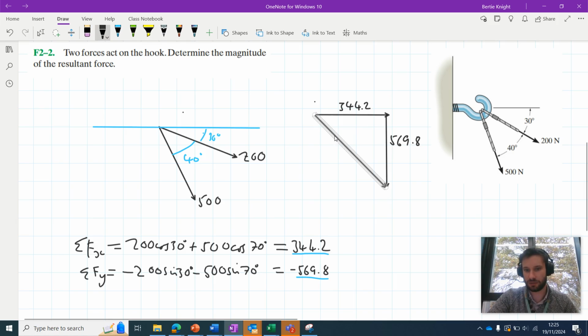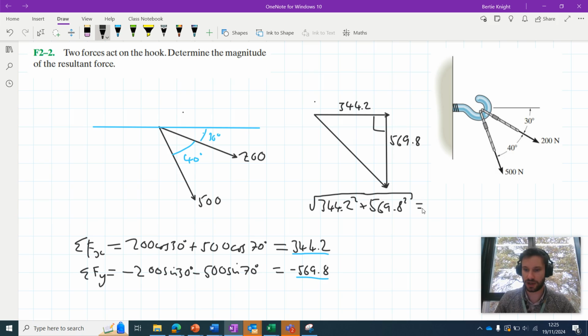We can say then that the magnitude of our resultant force is effectively like a hypotenuse here. And we can just use Pythagoras theorem to solve for it. So we can say that it's equal to the square root of 344.2 squared plus 569.8 squared.